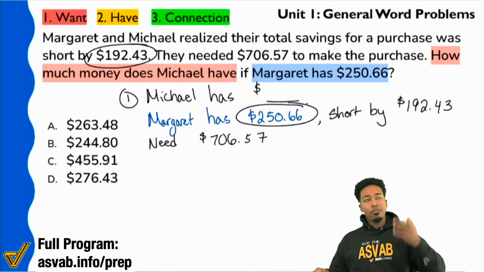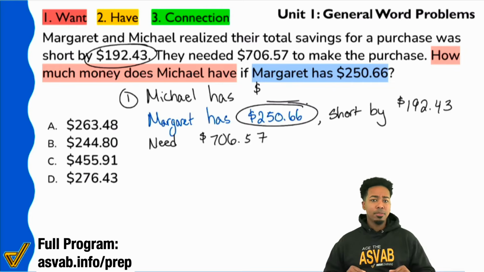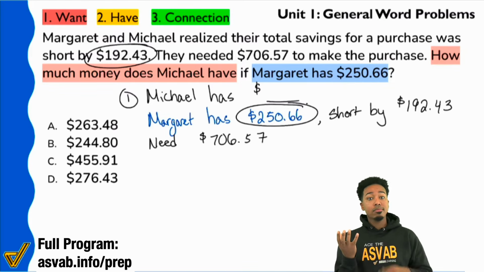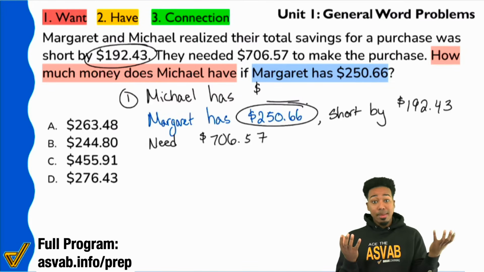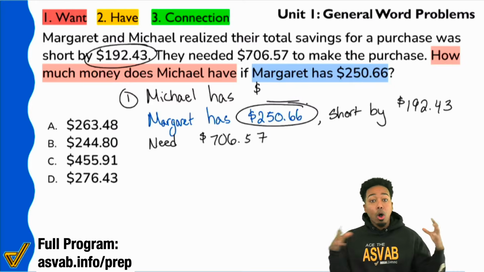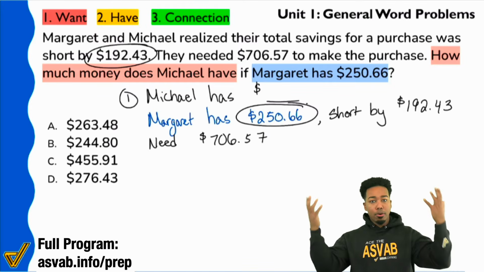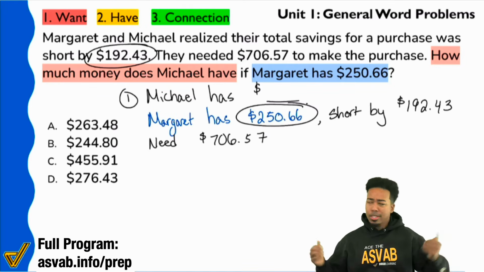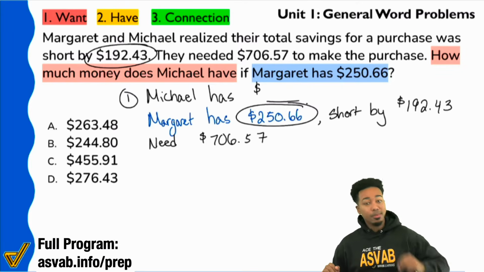Well, let's think about the forward action. If they did have enough money, that means that we would have Michael's money, Margaret's money, and that amount that they still need, that they were short by. All 3 of those values, Michael, Margaret, and the short amount, all of that together makes the amount of that purchase, whatever it is that they were trying to buy. So with that said, bam, right there.